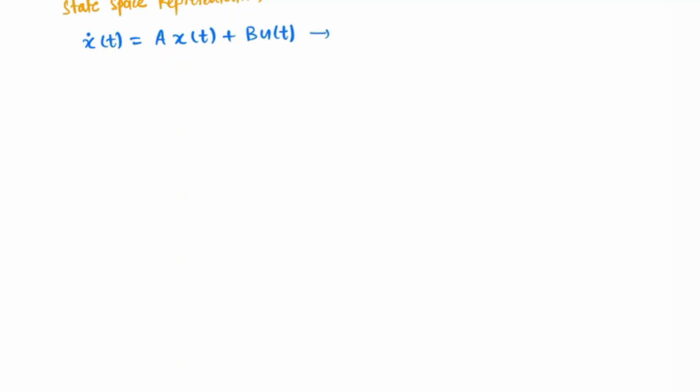Sorry, this was the state equation, where A is the state transition matrix and B is the input matrix. This is the measurement equation.